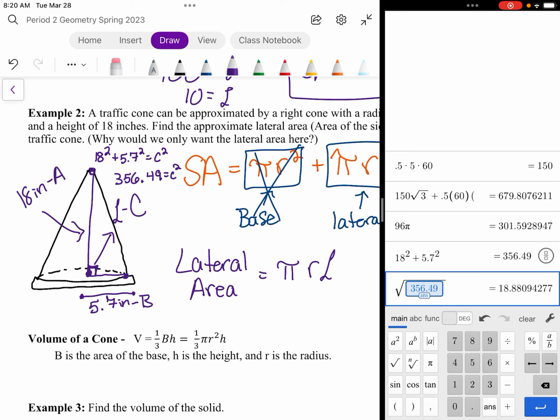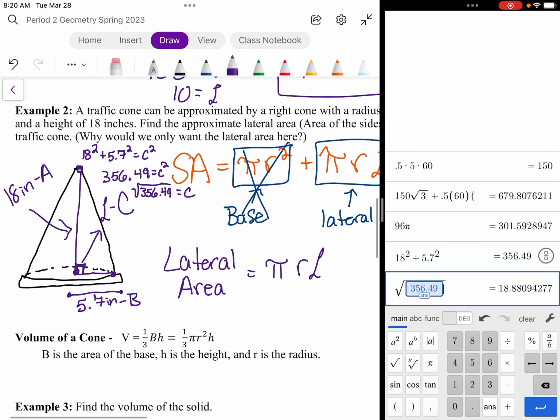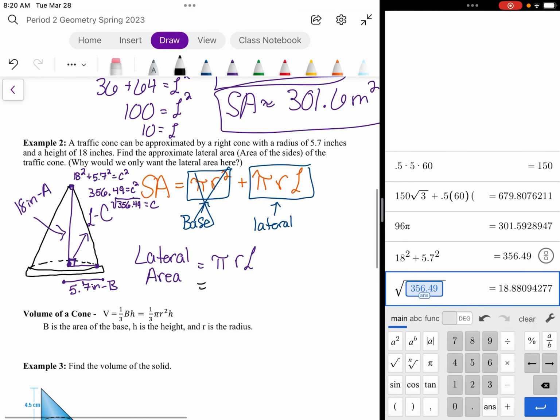So I'm just going to leave it as a square root until we get to our surface area. So the square root of 356.49 equals C. And that's our slant height. Once we have all of that, we're just going to plug it into our equation. So pi times our radius of 5.7 times our slant height, which was the square root of 356.49.